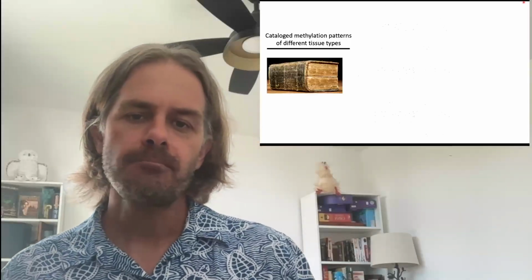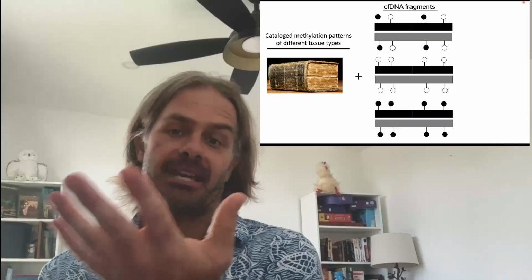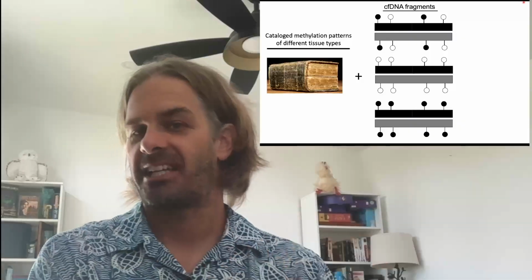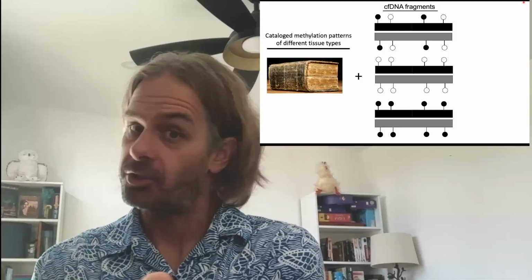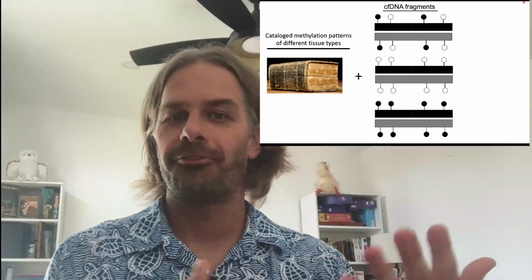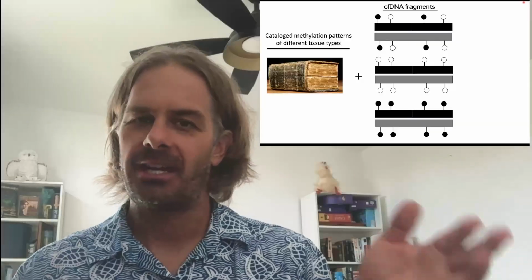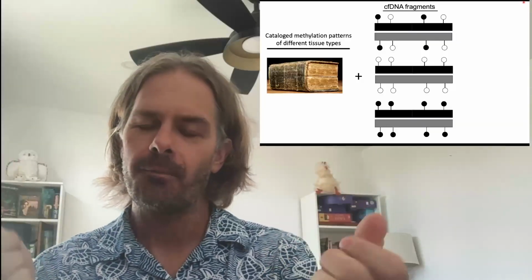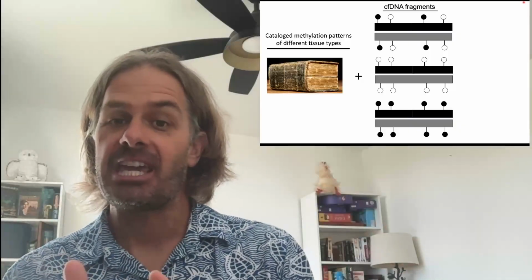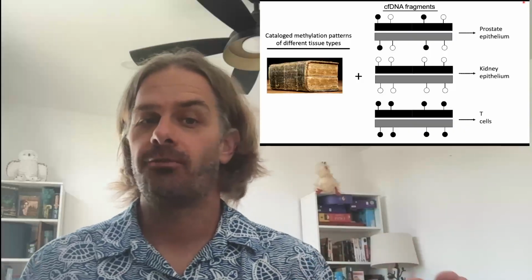So using this atlas, this catalog, this encyclopedia of methylation signatures from certain tissues and cells of origin, you can now take a cell-free DNA fragment and compare the methylation pattern at that cell-free DNA fragment level, which is about 167 bases, and attribute that to the tissue of origin.